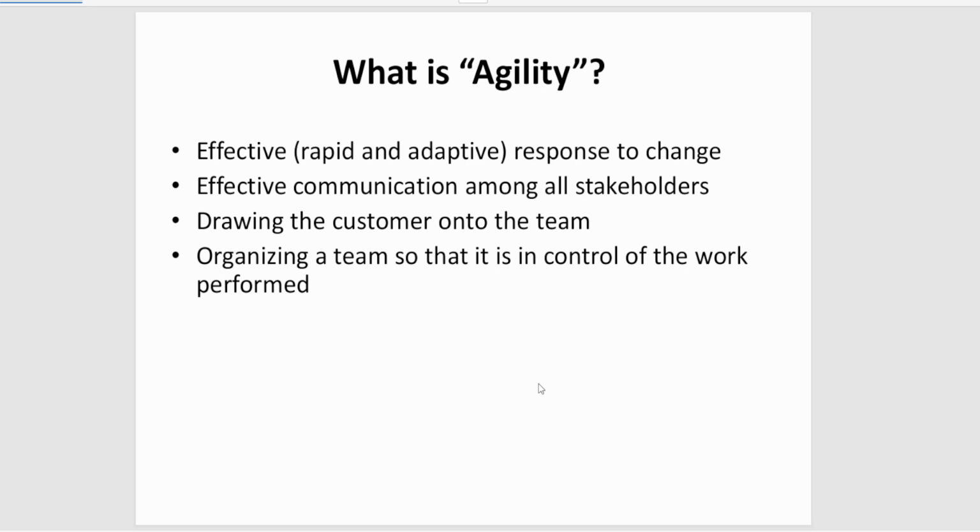All these four basic points written here are the gist of agility. Whenever we want to do something in a rapid way, it should also be adaptive in nature. What do we mean by adaptive? It means that once you guess what is needed and what is not needed.